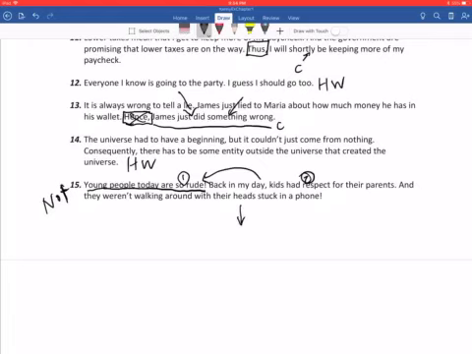Like if you say, young people today are rude, they don't have respect for their parents, and they walk around with their head stuck in a phone, and those things are rude, right? Then together those would give you some reason to believe that young people today are so rude. But as it's written, I think it's not an argument.